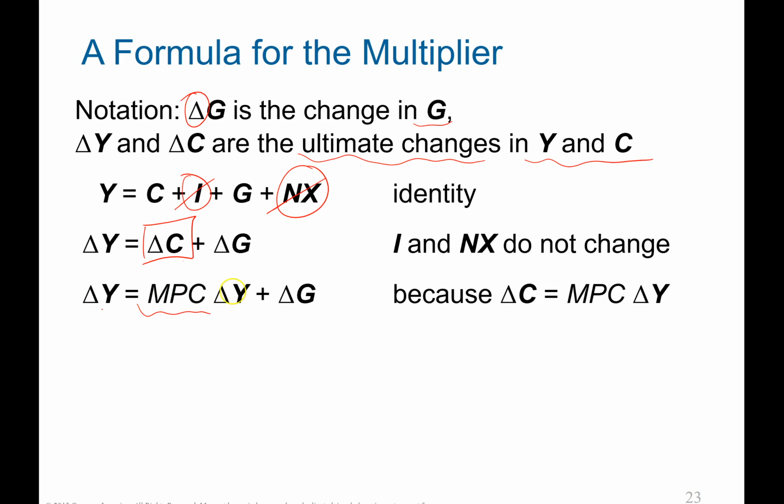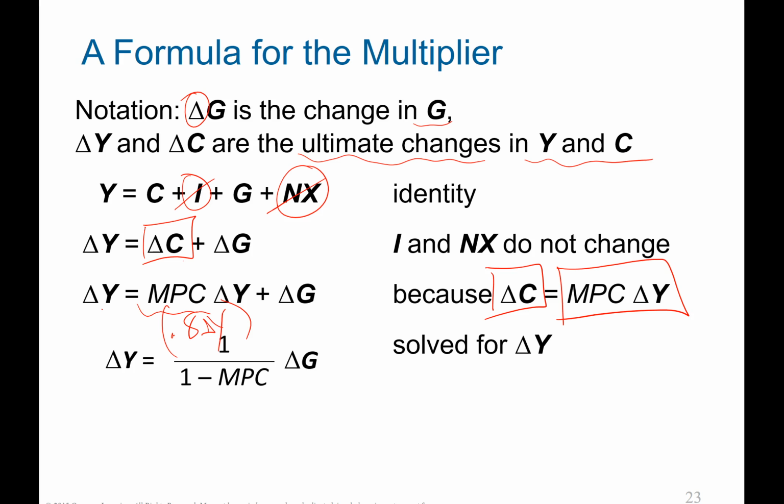So the marginal propensity to consume, if it's 0.8, for example, then my change in consumption is going to be equal to whatever that marginal propensity to consume is times that change in Y. I should use the delta. So when you see this, don't be worried. All we're doing is substituting this expression here for that change in consumption.